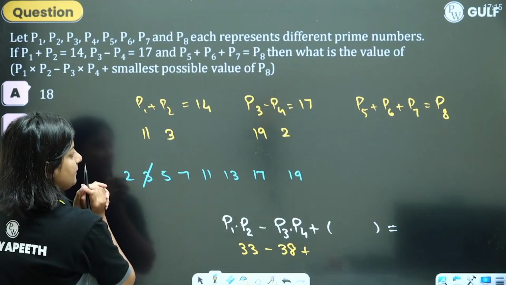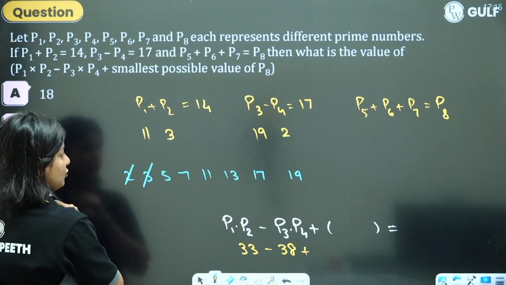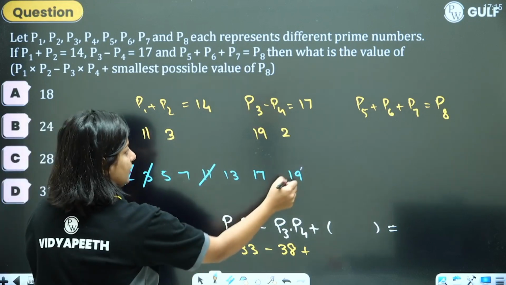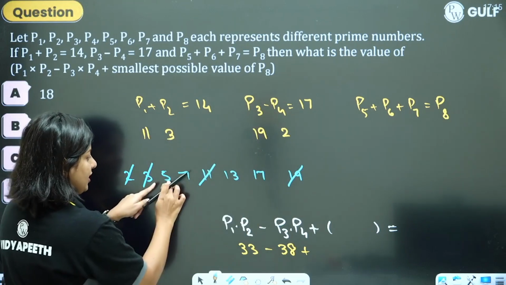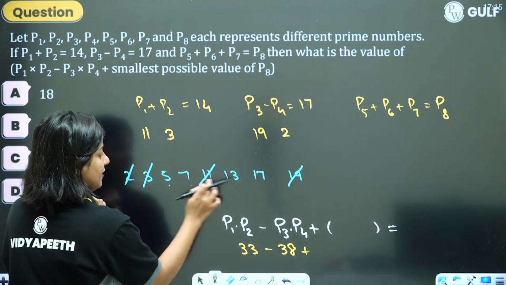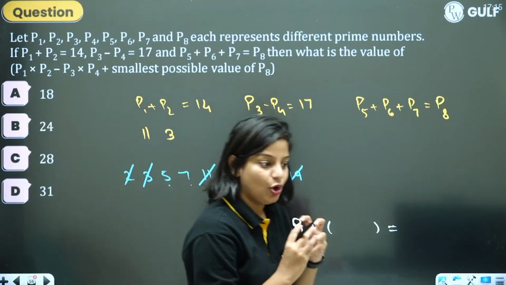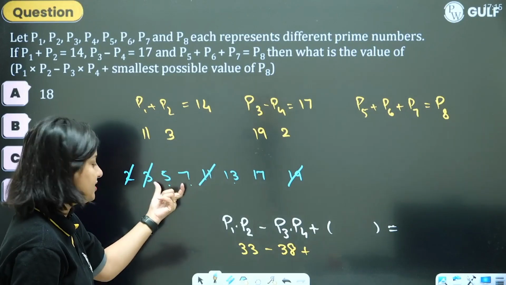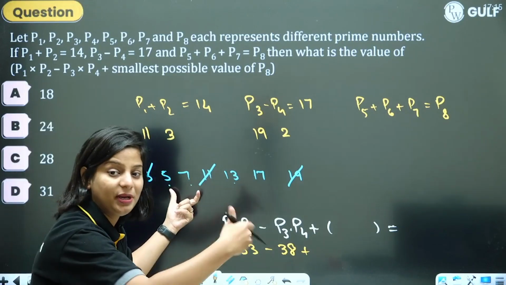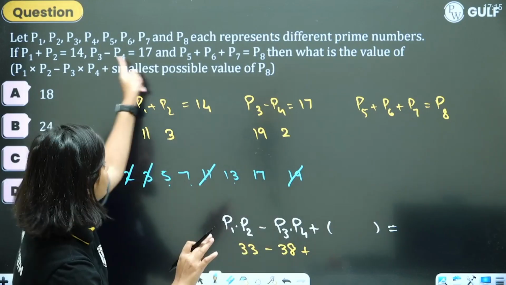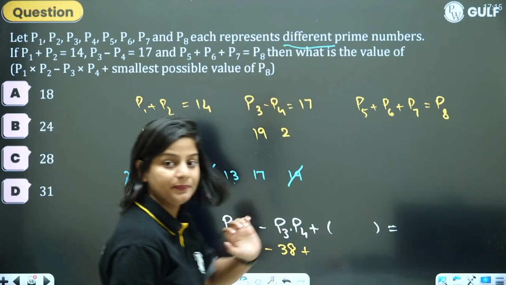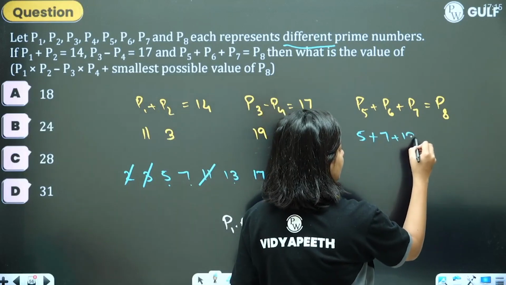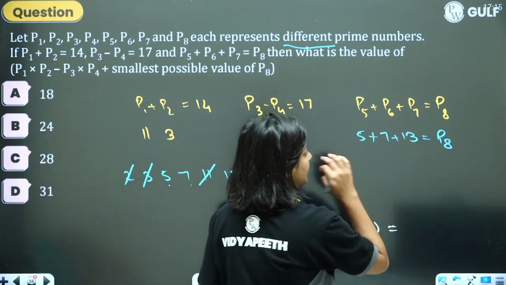P2 is 3, P4 is 2, 11 is used as P1, 19 is used as P3. So what are the numbers left with us? 5, 7, 13, 17. We want the smallest number, so I won't take unnecessary 17. I'll take the smallest ones which are free. I cannot repeat the digits. Repetition not allowed. They should be different. So 5, 7 and 13 will give me P8. That is equal to 25.